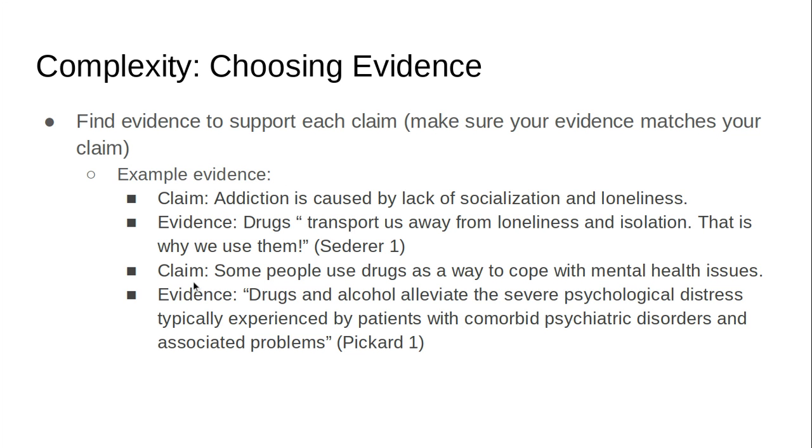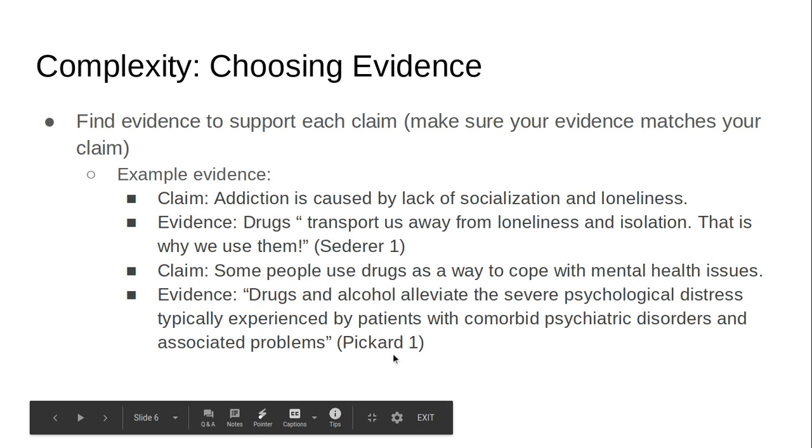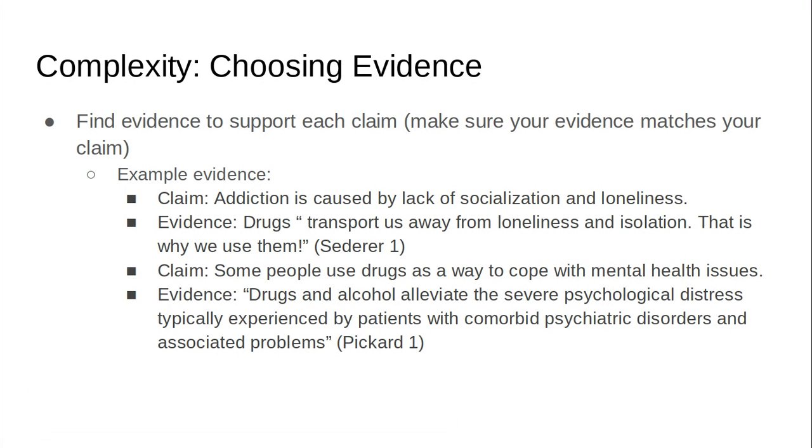Another example here, some people use drugs as a way to cope with mental health issues. If this is my claim, then I would need evidence to support that. And my evidence could be that according to this person, drugs and alcohol alleviate the severe psychological distress typically experienced by patients with comorbid psychiatric disorders and associated problems.